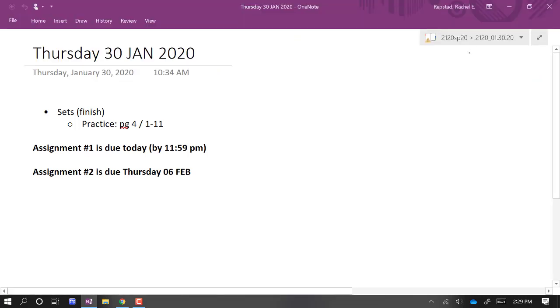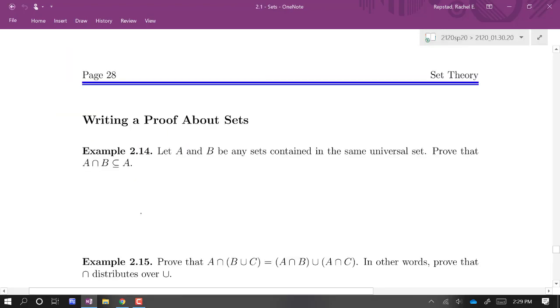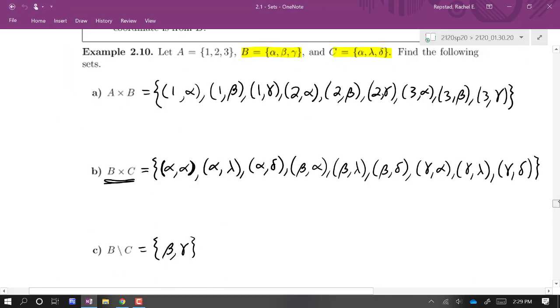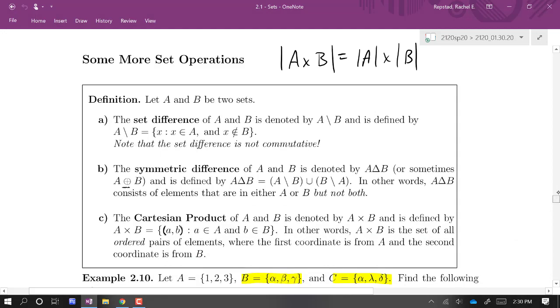Before we start, are there questions on the set stuff that we did last time before we continue with sets? So we had just done, we looked at a bunch of different operations on sets.